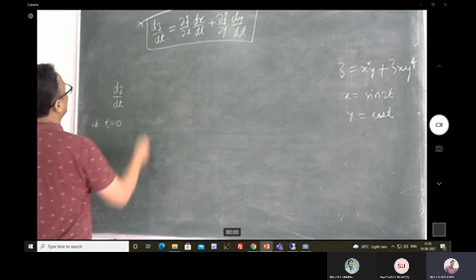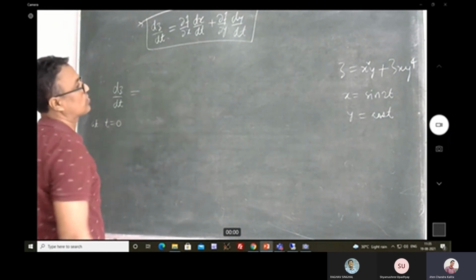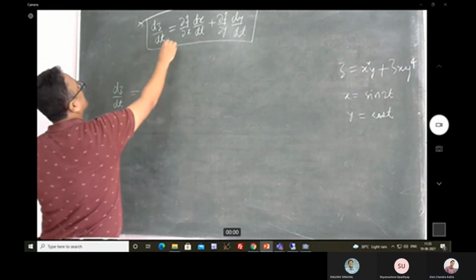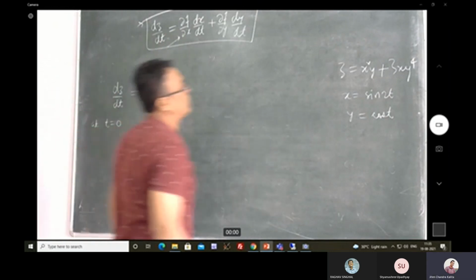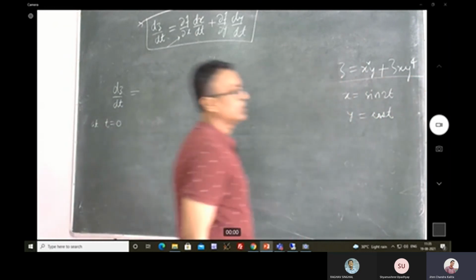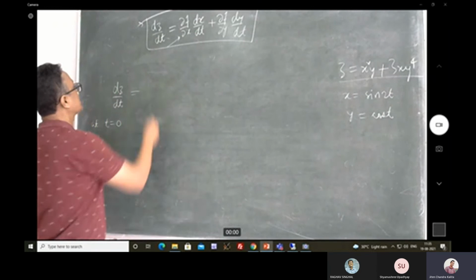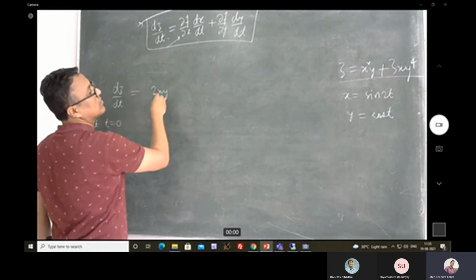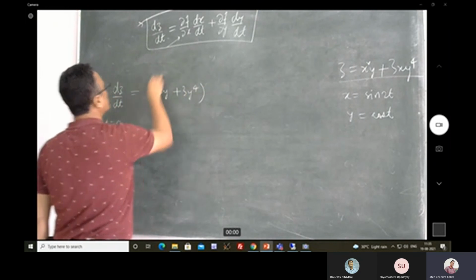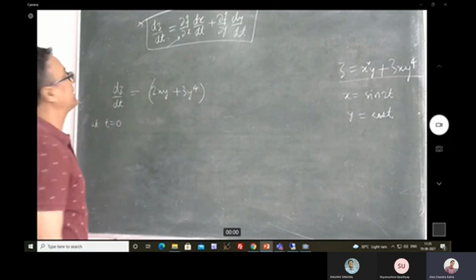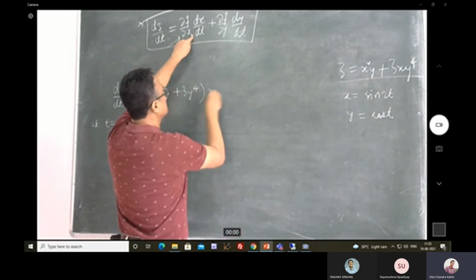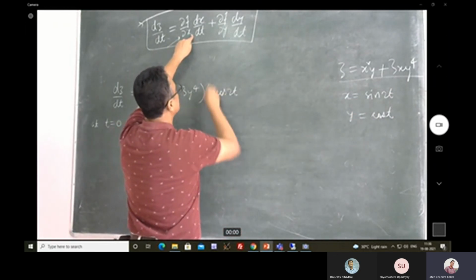So what is going to happen? From this rule, firstly, f is simply z. The partial derivative of this with respect to x is going to give me 2xy plus 3y to the power 4, and then dx/dt, which is simply 2 cos 2t.